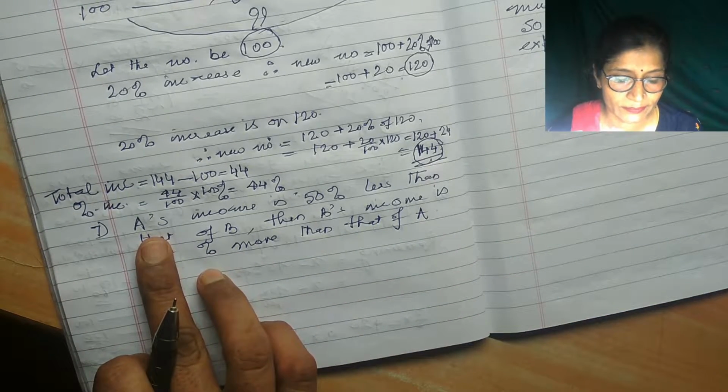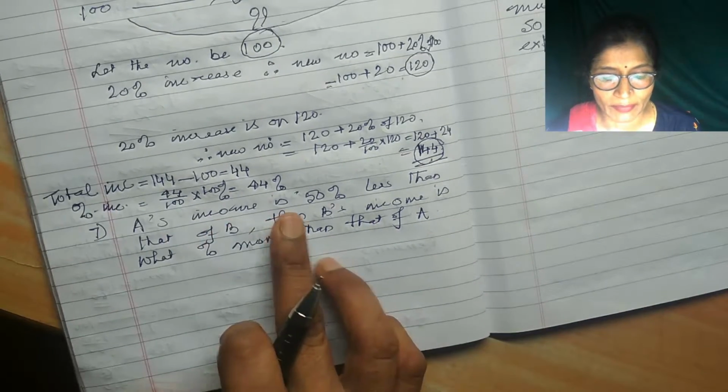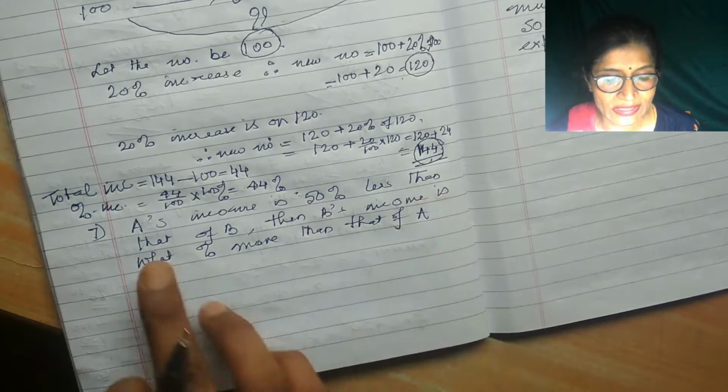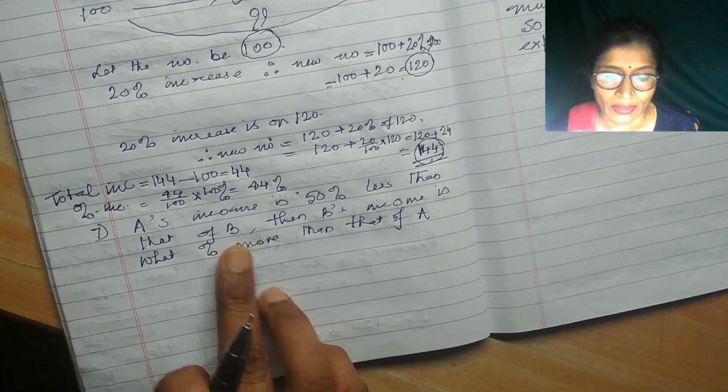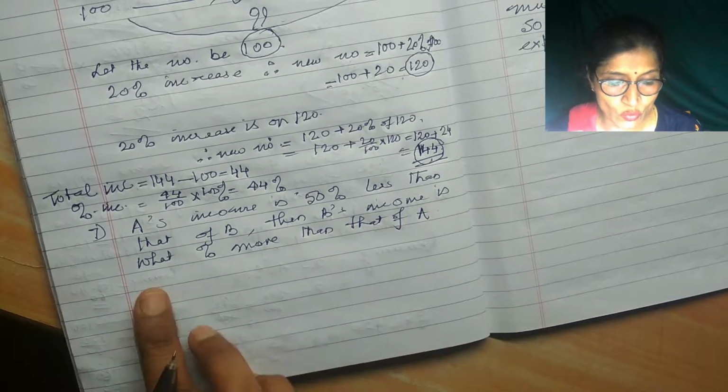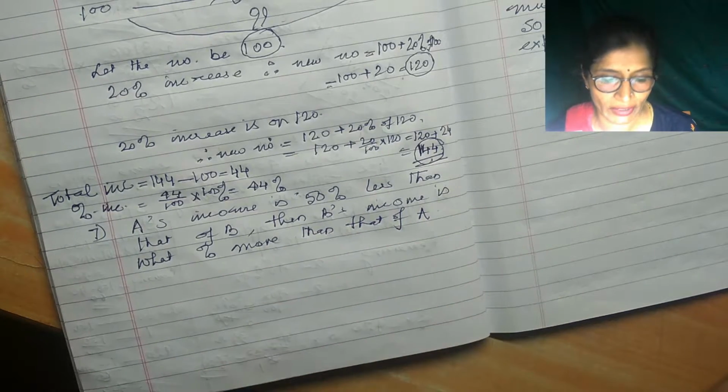Next one is that A's income is 50% less than that of B. And then B's income is what percent more than that of A?